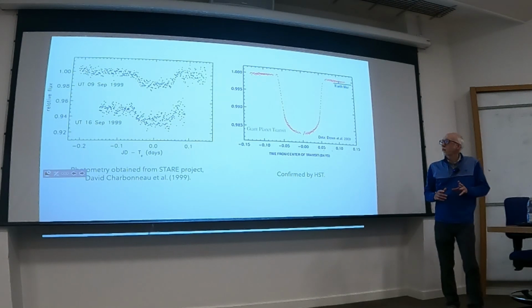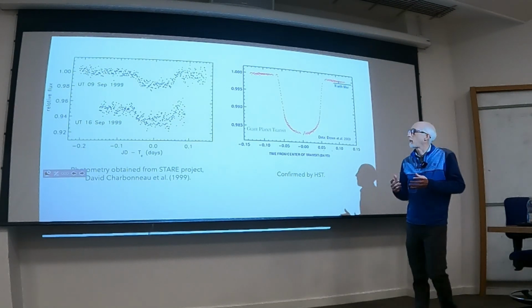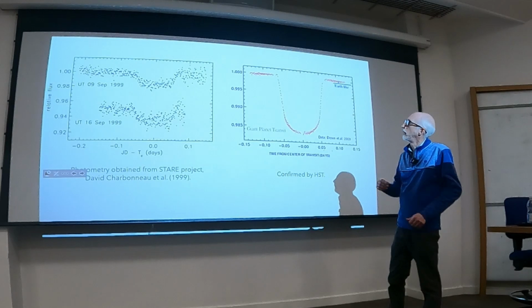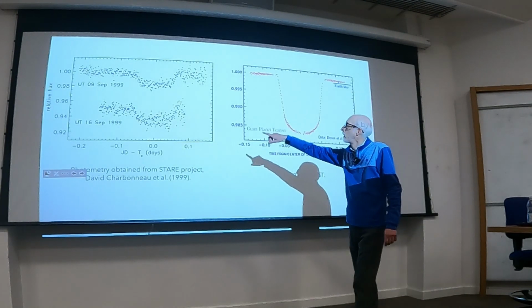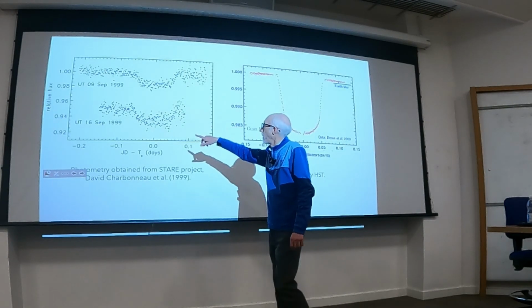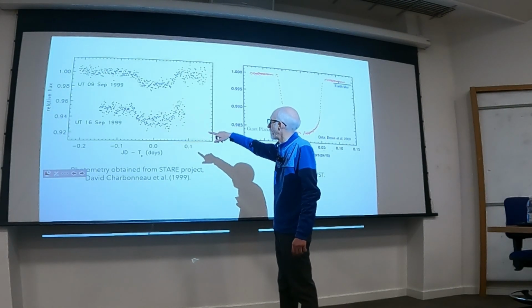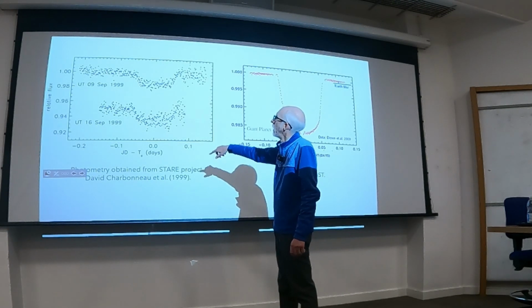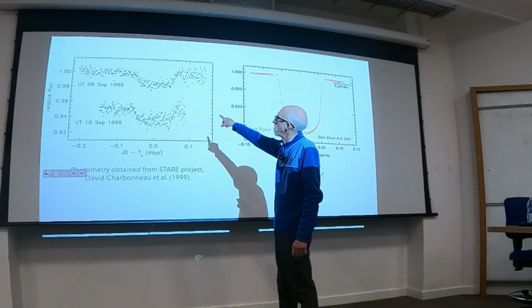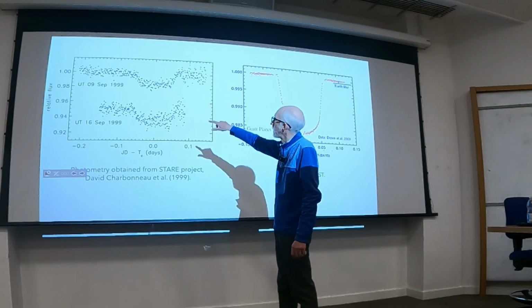Now this was possible as soon as basically we had CCDs. So in 1999, this is the original data from how this planet was confirmed using the transit method. And this was taken with just a camera, I believe, so not even a telescope.